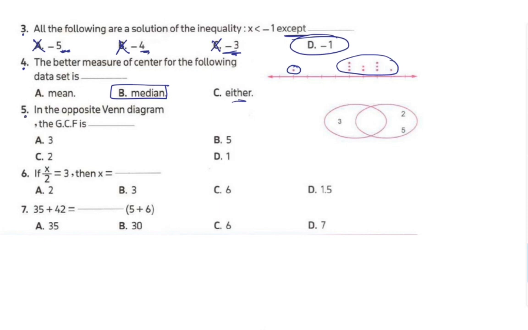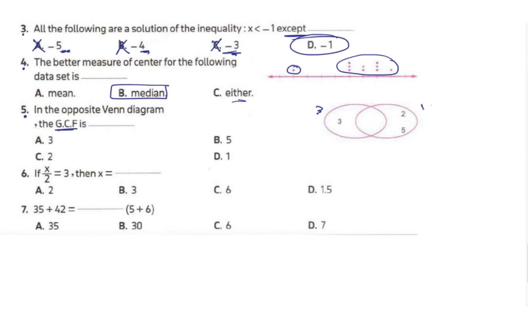Point 5. In the opposite Venn diagram, the GCF is what? We know that the GCF comes from this space, and this space is empty. Right? So what's the GCF here? Don't forget, the first circle has the number 3, just 3.